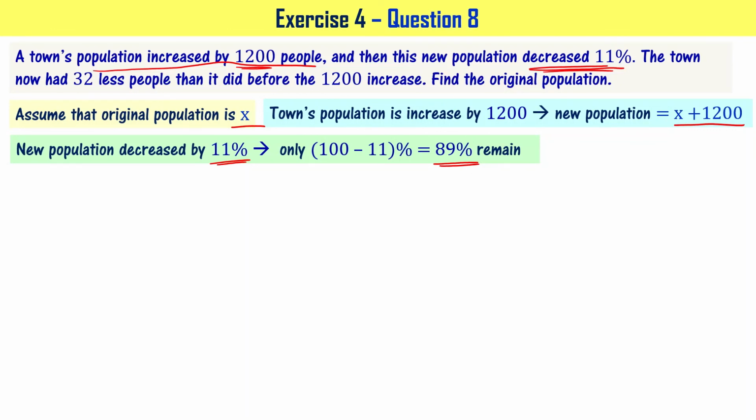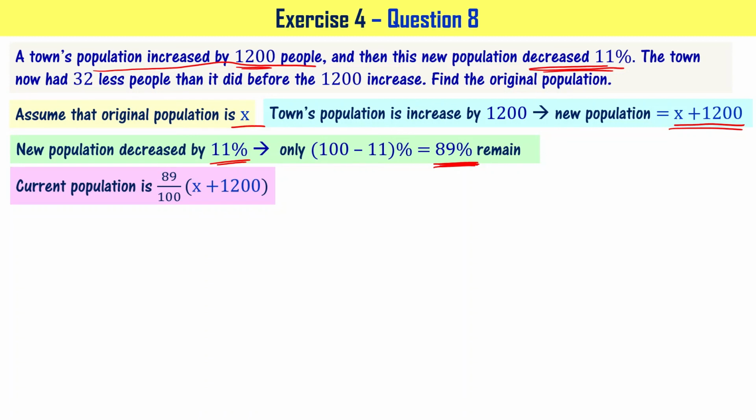Meaning 100 minus 11 is 89, right? So the new population is x plus 1200. From there, 11% has decreased, meaning the current population is going to be 89% of x plus 1200. Let's write that. The current population is 89 by 100 times x plus 1200.